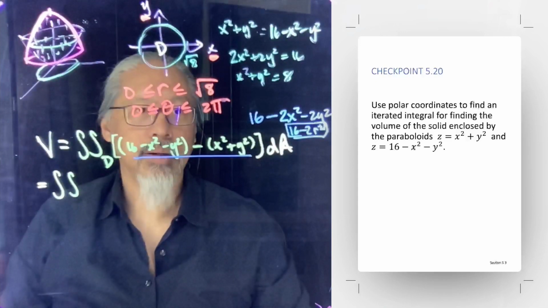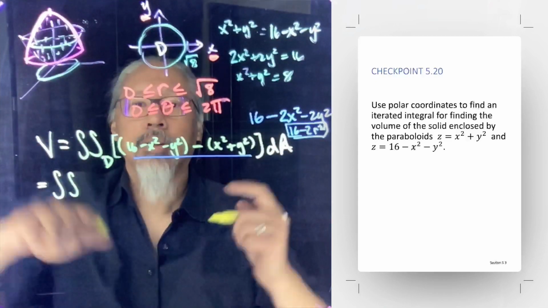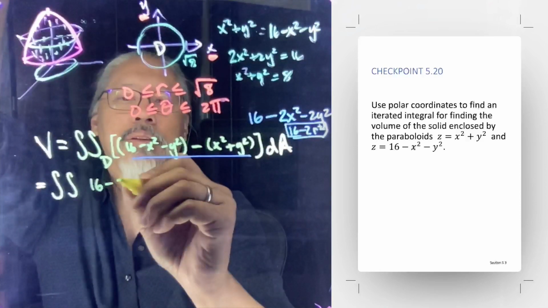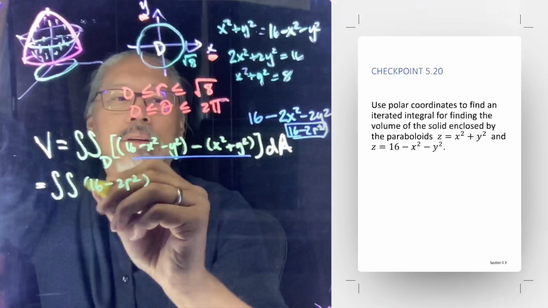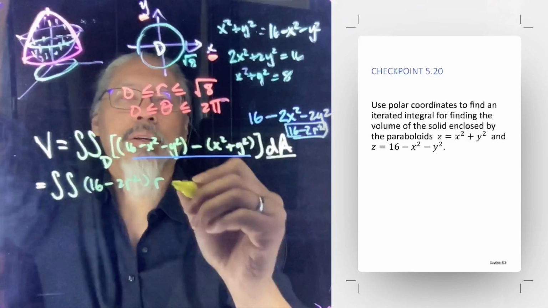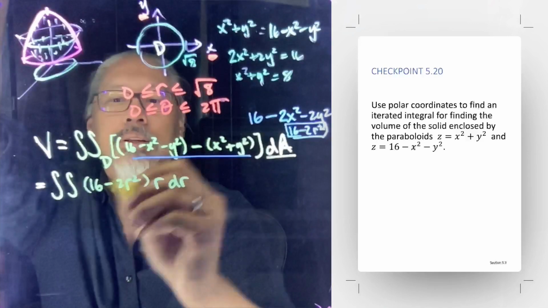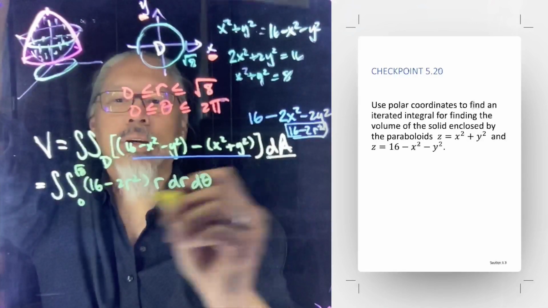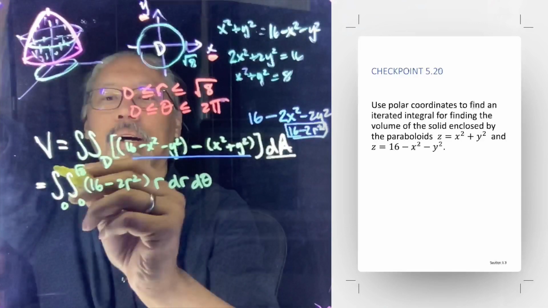So this is the expression we want to use in our integral: 16 minus 2r squared. Now the dA will produce another r, and then we'll integrate with respect to r from 0 to square root of 8, and with respect to theta from 0 to 2 pi.